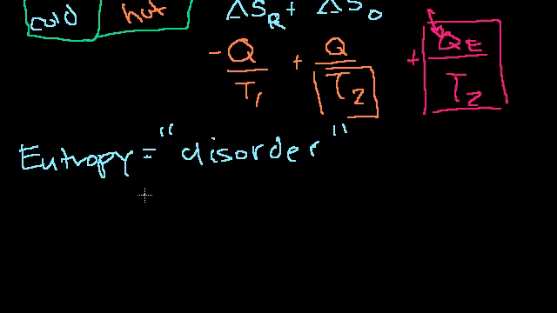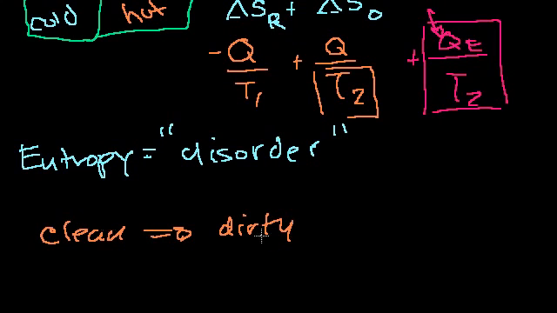Because the very next example that's often given is that, they'll say, look, a clean room, let's say your bedroom is clean, and then it becomes dirty. And they'll say, look, the universe became more disordered. The dirty room has more disorder than the clean room. And this is not a case of entropy increase. So this is not a good example. Why is that?